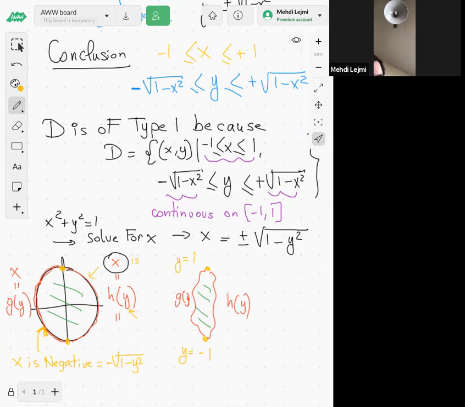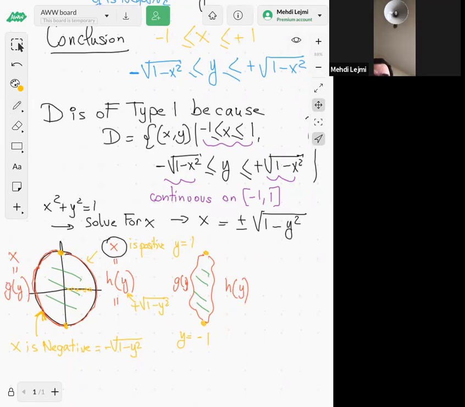The x coordinate is positive on the right side, so my x would be equal to plus the square root of 1 minus y squared. All right. So we can conclude that D is also of type 2.